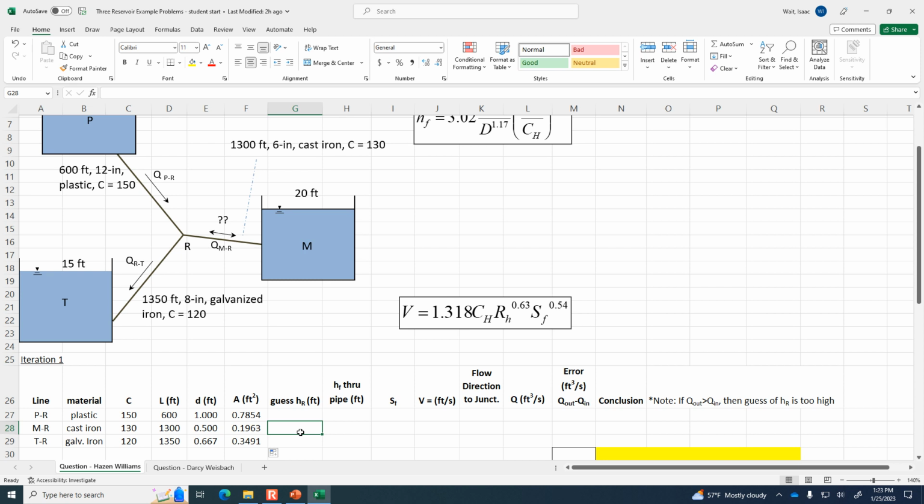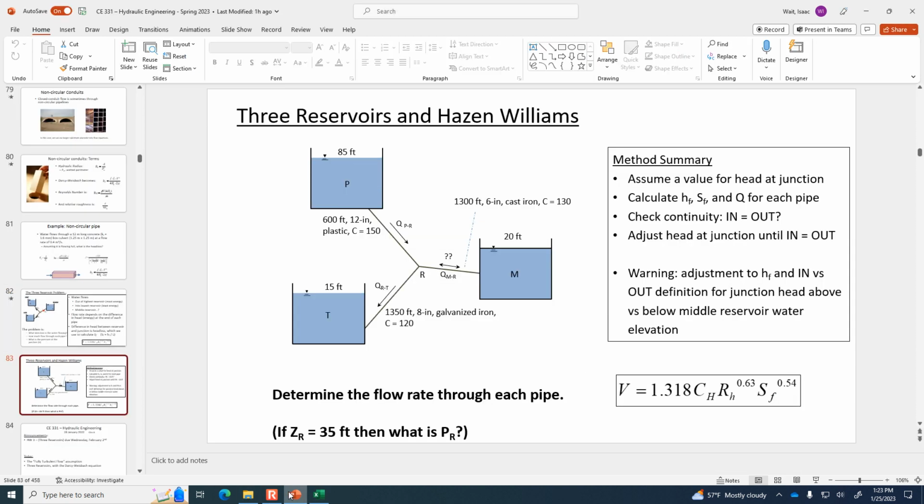Okay, now what should be our first guess of how much energy there is at R? It would be a bad guess if I said that there's 90 feet of energy at R. Because if there's 90 feet of energy at R, then water has to flow from R towards P, like water would be going out in all directions.